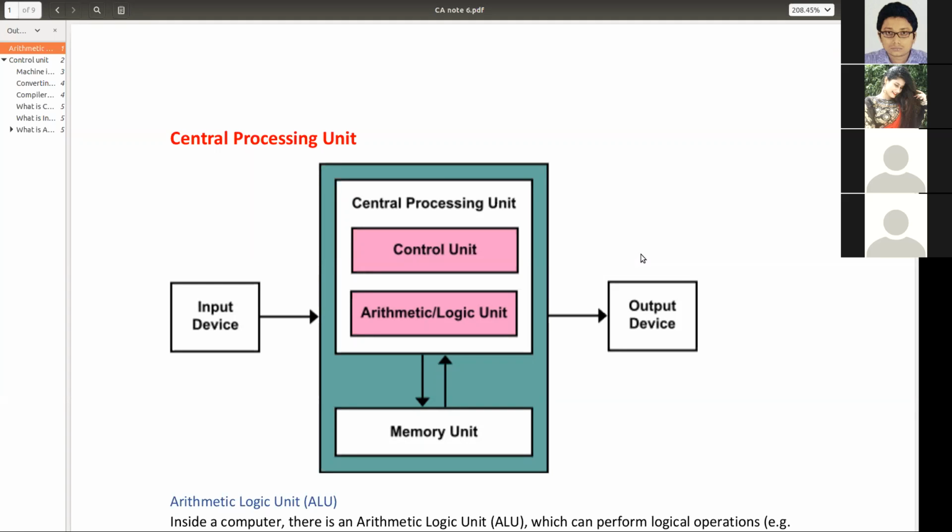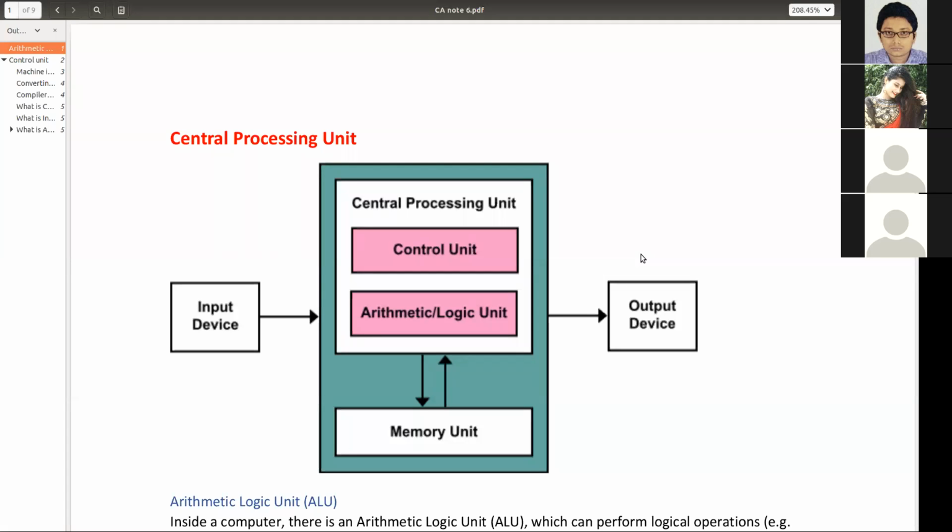We will study a little bit about that later today. This particular memory unit stores temporary data. This temporary data is very important to store while a particular data is being processed.